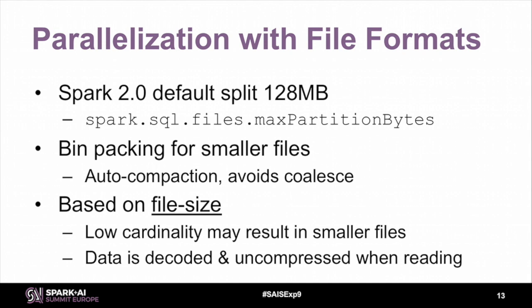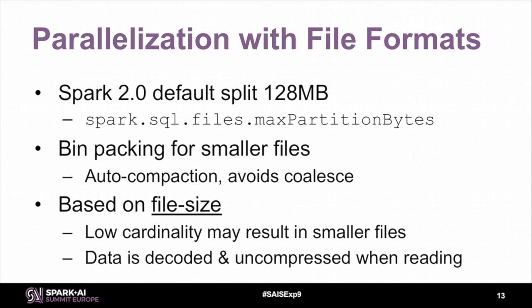Now, this is only going to work with splittable file formats. If you have an extremely large gzip file, basically non-splittable files that are over 128 megs, it's not going to be able to reduce those in size. If you have uncompressed text data or Parquet formats, then it'll try to fit them within 128 megs.